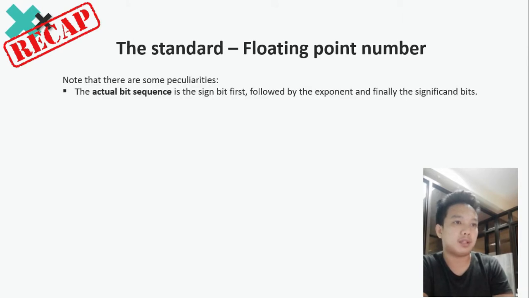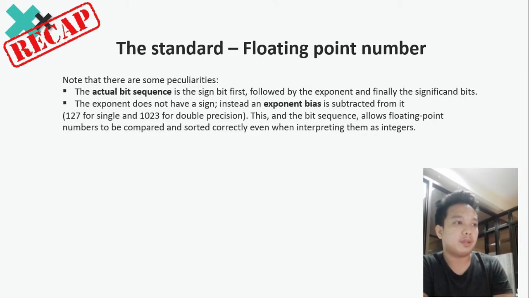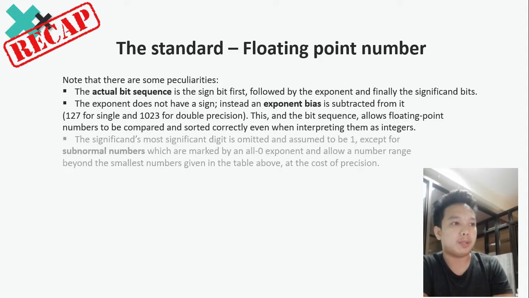Okay, the standard floating point number. Note that there are actually some peculiarities. The actual bit sequence is the sign bit first, followed by the exponent and the significand bits. The exponent does not have a sign. Instead, an exponent bias is subtracted from it: 127 for single and 1023 for double precision.